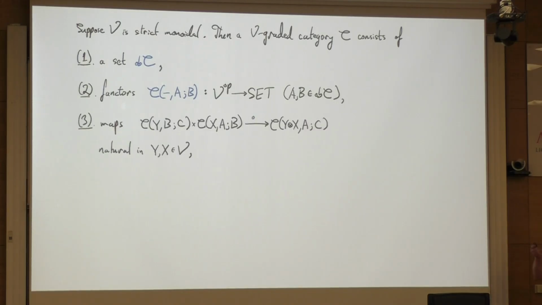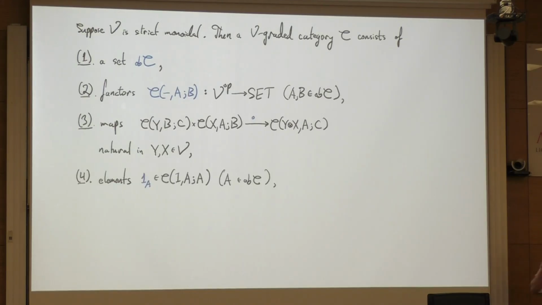And we have also composition. Composition is provided by a family of maps of this form. You can take a moment to look at what they do. And these are required to be natural in Y and X in V. We'll think about what these do a bit more in a moment when we unpack this even further.